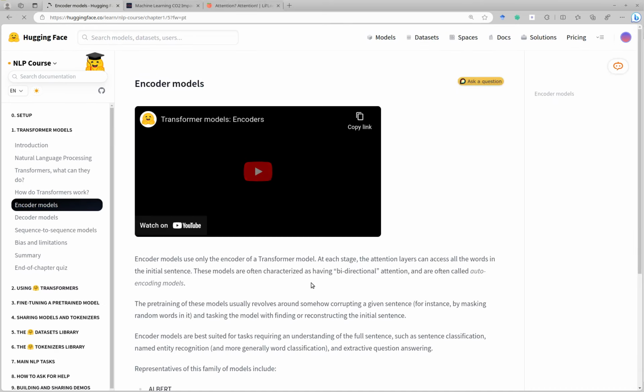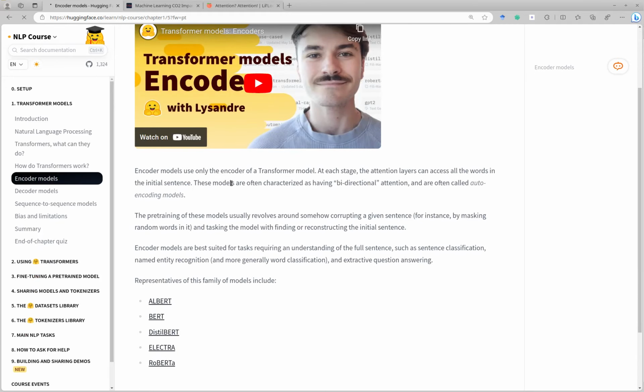Let's talk about it. Encoder models, as we have already discussed, have only the encoder part of the transformer. At each stage the attention layer can access all the words, as there is no masking. Masking is only present in the decoder part, so it has access to all the words in the sentence, and they are characterized as bidirectional attention.